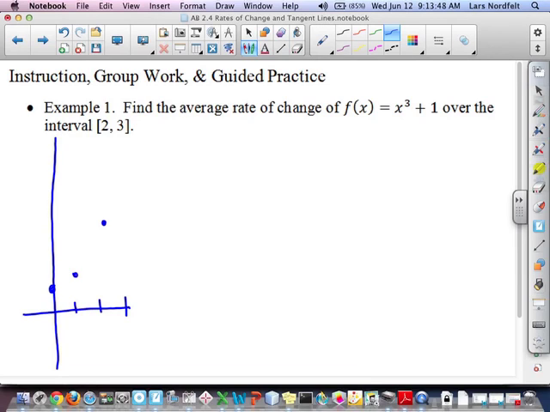And when x equals 3, the y value will be 28. It's going to be clear up here somewhere. When x is negative 1, the y value is 0. So we have this nice curve.